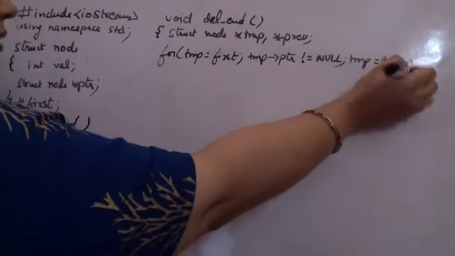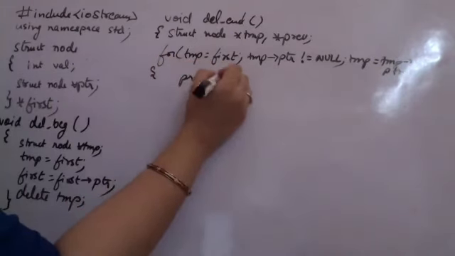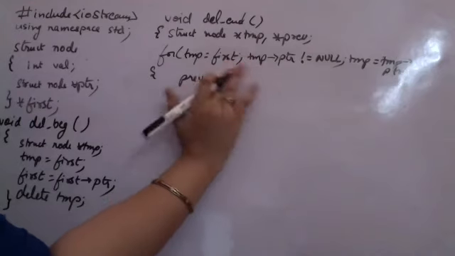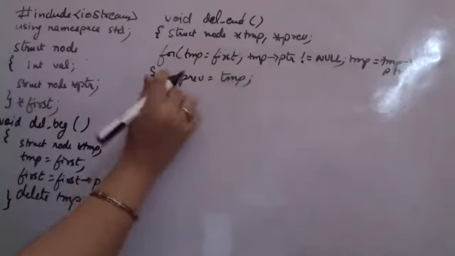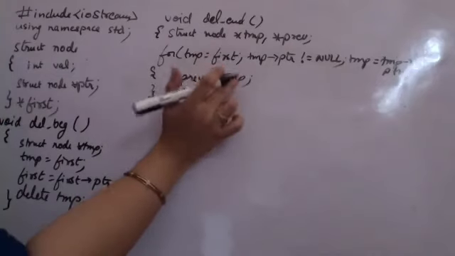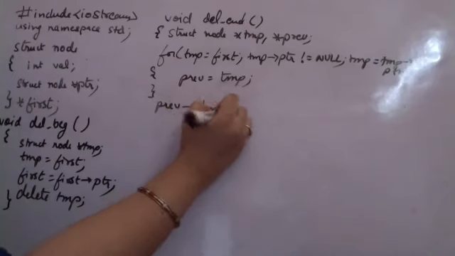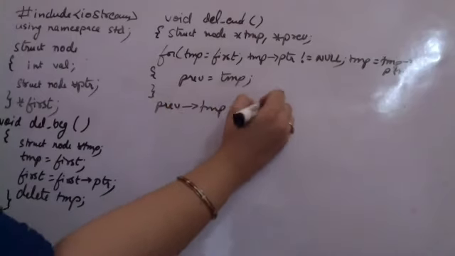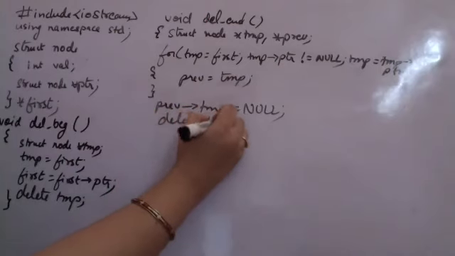The increment is temp is equal to temp pointer. Within the loop, I am making previous is equal to temp. When the loop is over, I will have the second last element and the last element. So second last element's pointer should now be null, and I can delete the last element in the list.